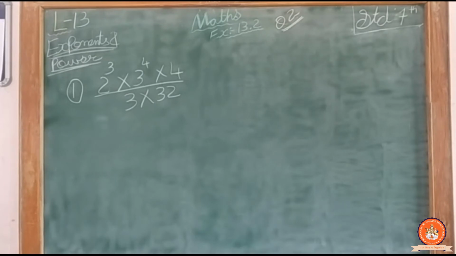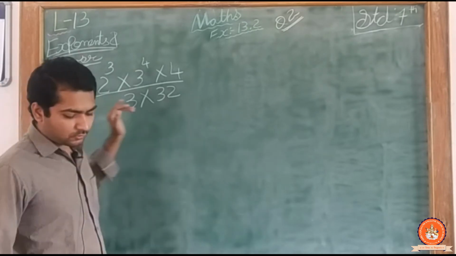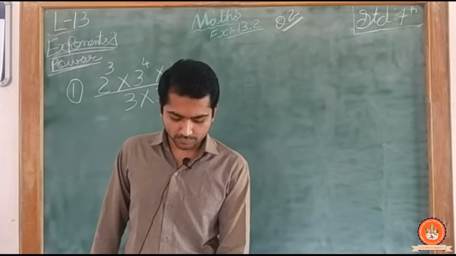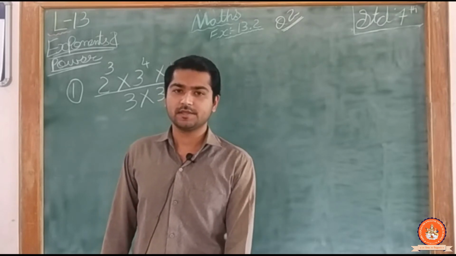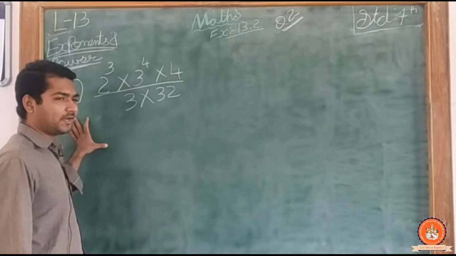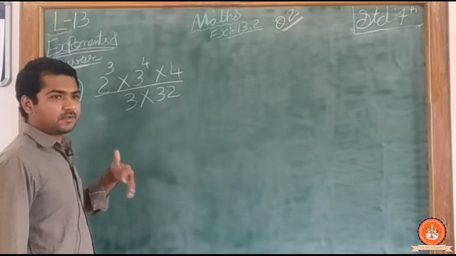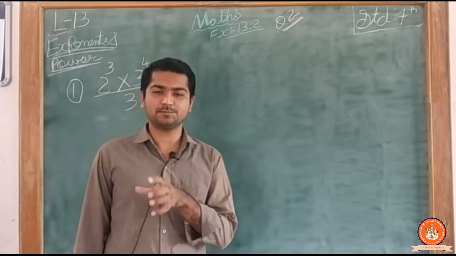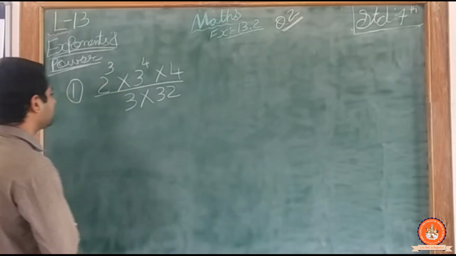Now students, coming on question number 2, number 1 sum. What they told us, simplify and express each of the following in exponential form. Yes, they give us different sums and we have to show it in an exponential form. As similarly we had shown in question number 1, the answer is in exponential simple form. We have to make it like this only.